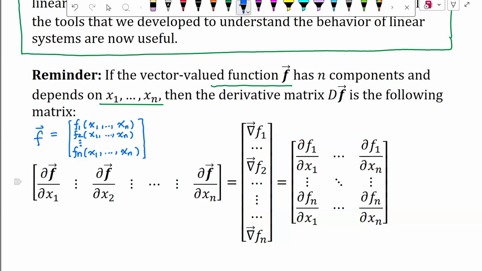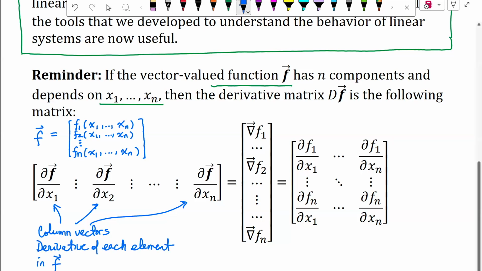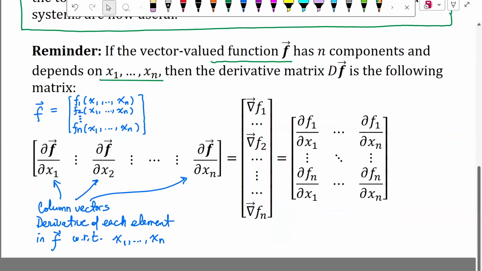So the Jacobian itself can be thought of in a couple of ways. First, we can think of it in terms of column vectors in a matrix, where each column is the derivative of our vector function f with respect to each of the independent variables, x1 through xn.